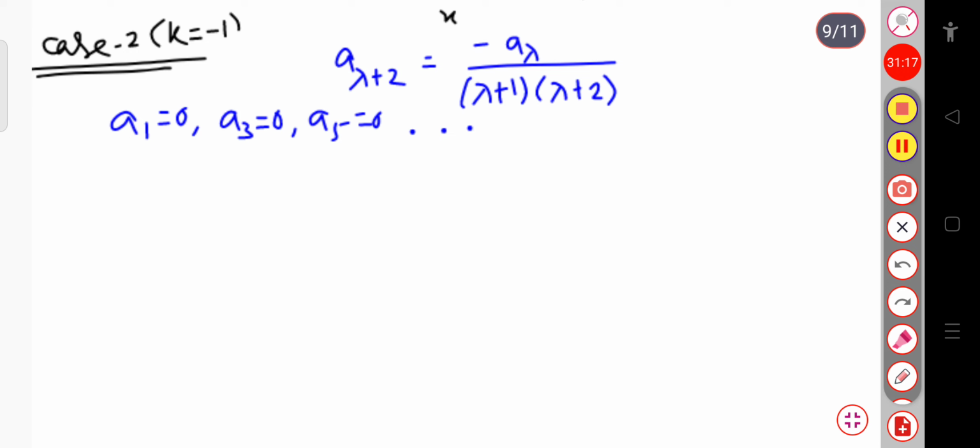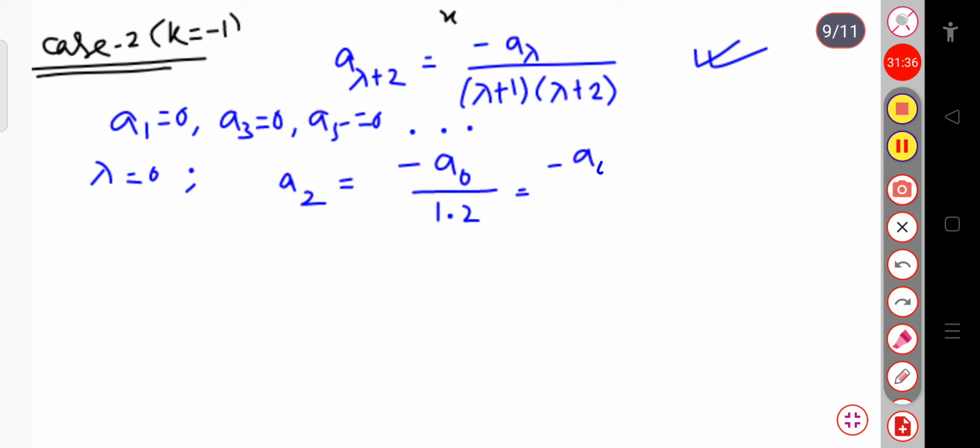Now if I take lambda to be only the even ones, that is lambda equal to 0 first of all, then a2 equal to, substituting in this expression, minus a naught divided by 1 into 2, that is minus a naught divided by 2 factorial.